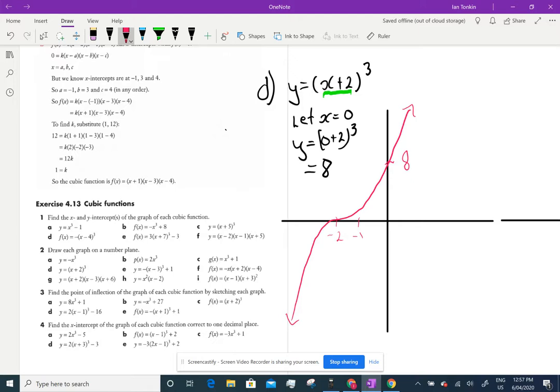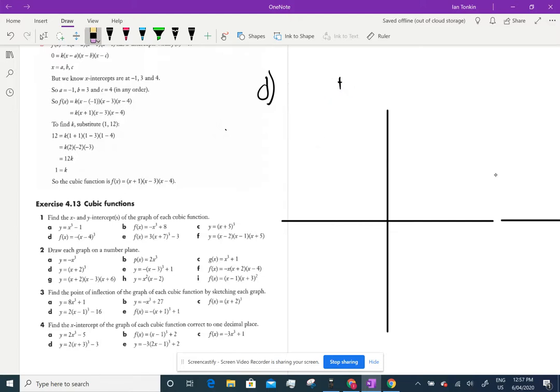That's badly drawn. If I was going to do it properly, I should have been going much, much higher. So that's what I mean when you're trying to draw these, you can have different scale on different graphs, on different axes. Okay, so that was pretty easy.